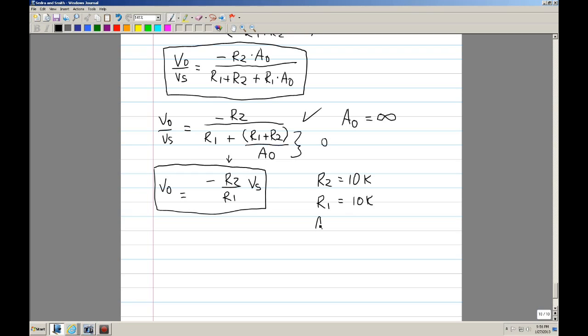And then let's see what the gain would be for a gain of 10, a gain of 100, a gain of say 10,000, and a gain of 1 meg. We'll see how that does.